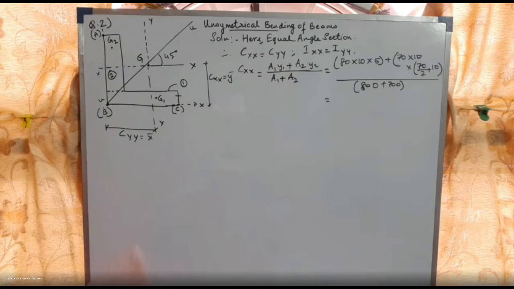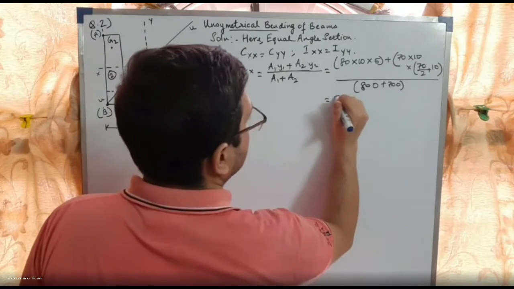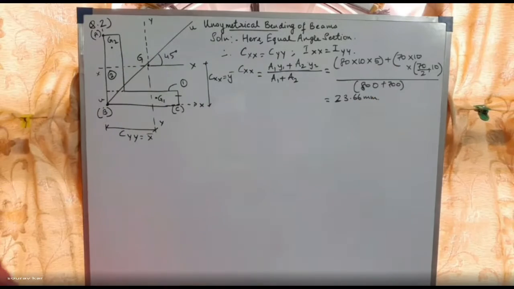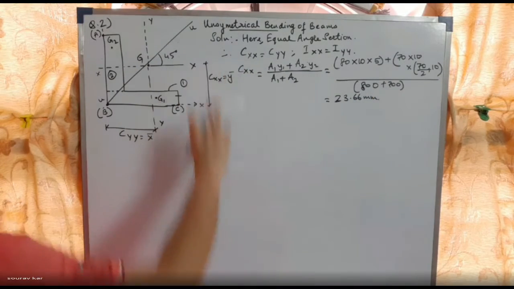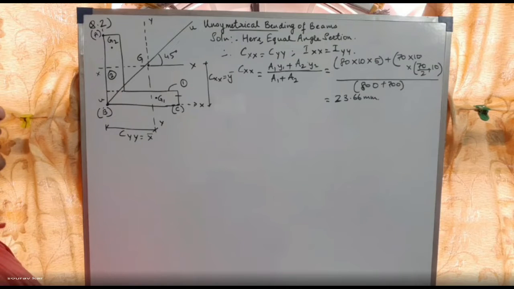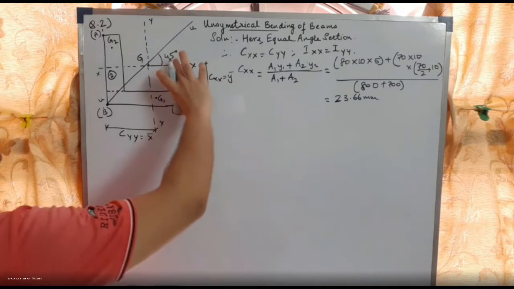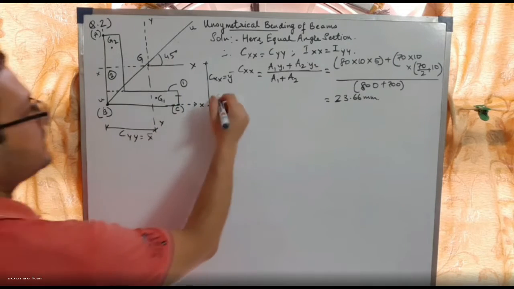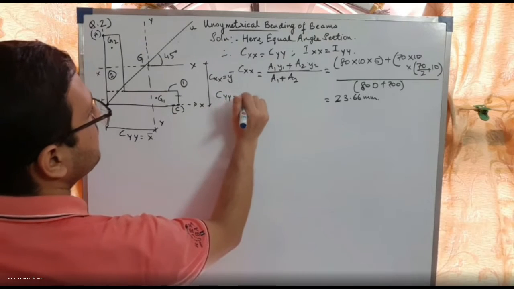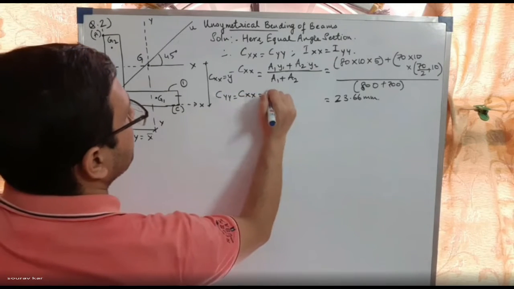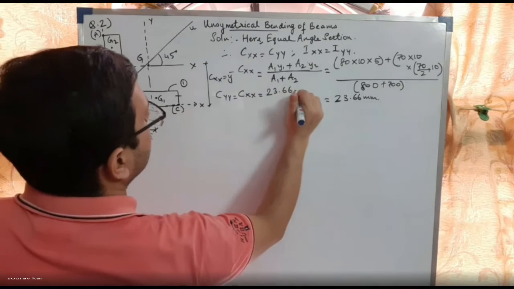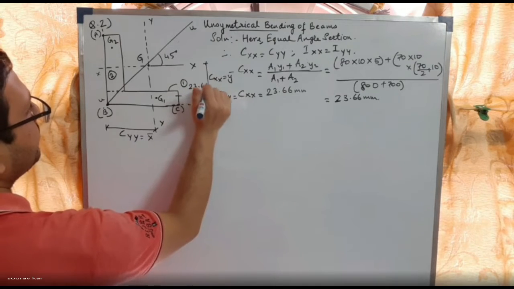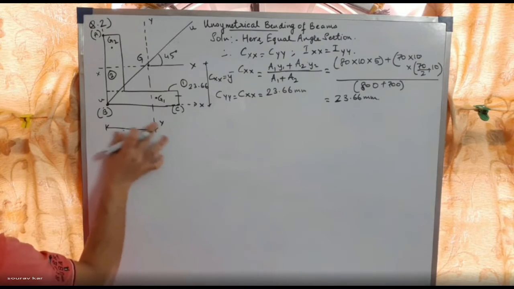CXX will be coming 23.66. The centroidal distance in the vertical direction is 23.66. Please make sure whatever distances you calculate will be vertical for CXX. Similarly, CYY is the same, so CYY equals CXX, 23.66 mm. So this distance is 23.66 and this distance is 23.66.